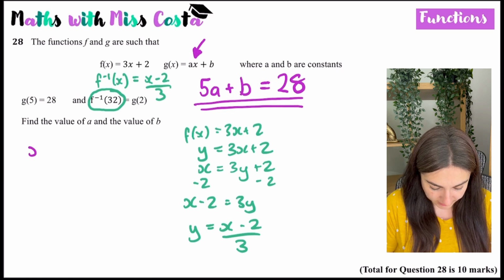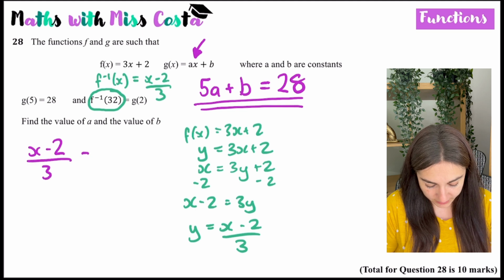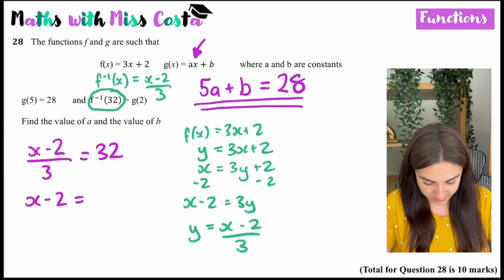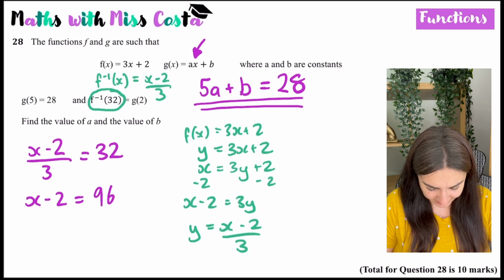So x minus 2 over 3 equals 32. So x minus 2 equals 32 times 3. 32 times 3 is 96. So x equals 98.